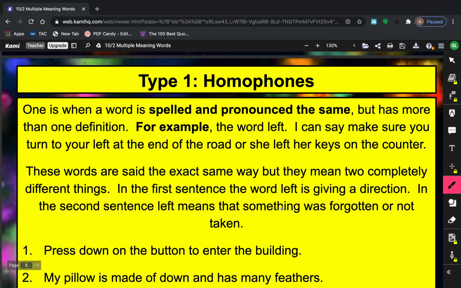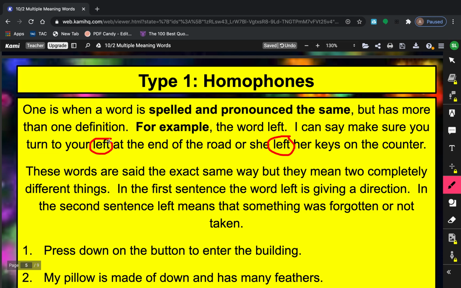The first one is homophones. When a word is spelled and pronounced the same way but has more than one definition, it is called a homophone. For example, the word left. I can say, make sure you turn to your left at the end of the road, or she left her keys on the counter. I notice the word left is used here and here, but there are two different meanings.